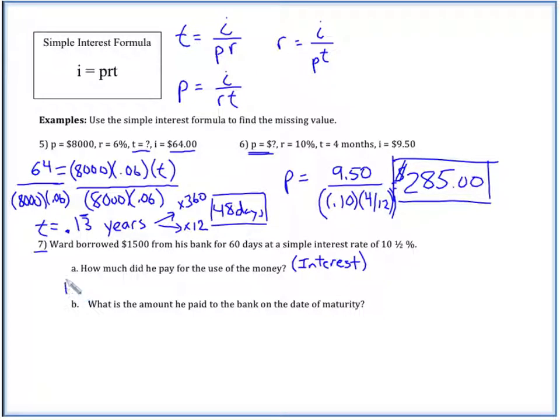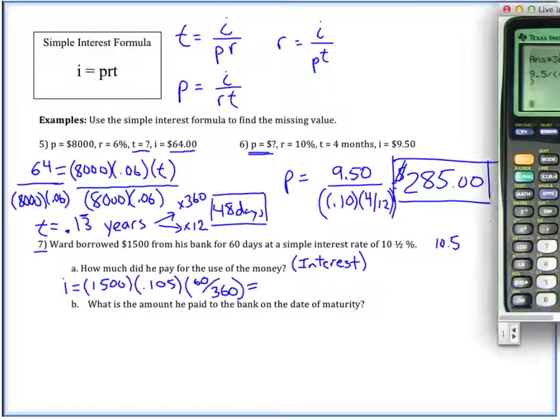So we'll do our formula here, I equals PRT. So he borrowed $1,500 at a rate of 10.5%. Well, that's really 10.5%. And so we know that's 0.105 decimal form. Then 60 days, we can do 60 over 360. And this right here is going to give us how much he paid for the use of the money.